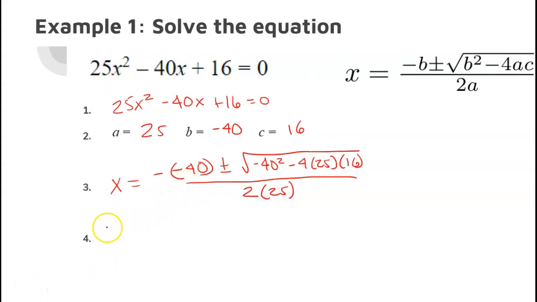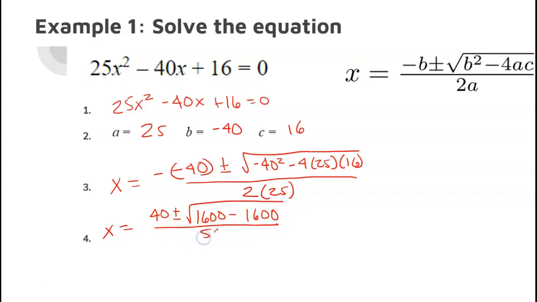And then we're going to simplify it, and our x is going to remain the same. Negative negative 40 is equal to 40 plus or minus the square root of 40 times 40 is 1600 minus 4 times 25, which is 100, times 16 is 1600. 2 times 25 is 50. 1600 minus 1600 is going to give us a 0, and the square root of 0 is going to be 0.